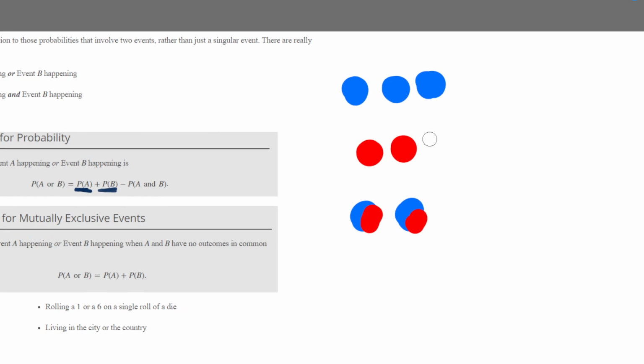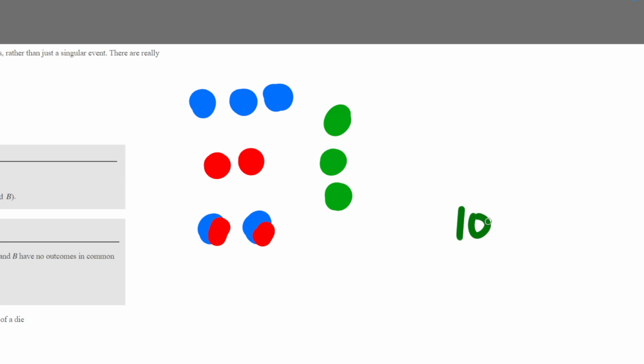And then let's say we have just 3 green marbles. There are 10 marbles in total. And we want to know the probability of drawing a blue or a red marble.